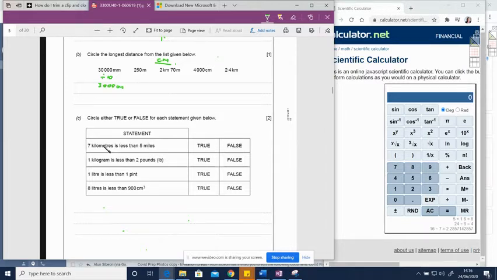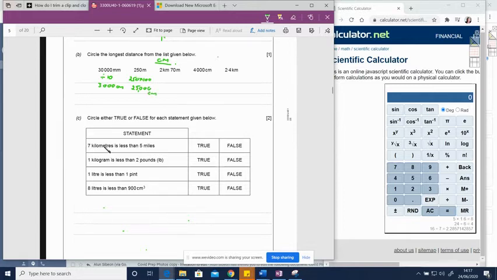That's 3,000 centimetres. 250 metres. Well, I know there's 100 centimetres in each metre. So if I multiply the 250 by 100, I get 25,000 centimetres.